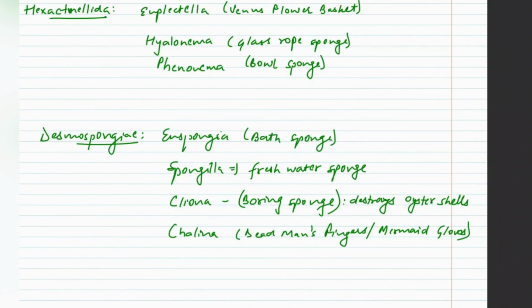Next, we have Cliona, which is also known as boring sponge. It is known to destroy the shells of oysters and mussels. And the other we have Callyspongia.